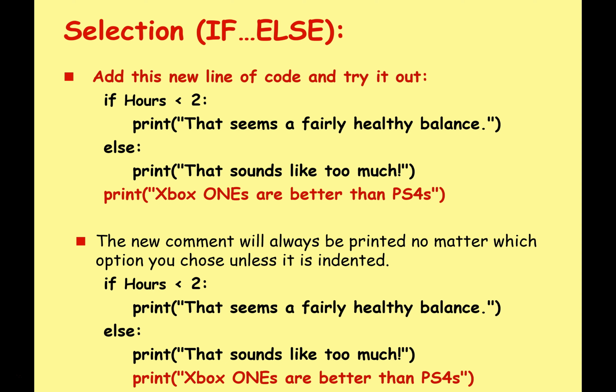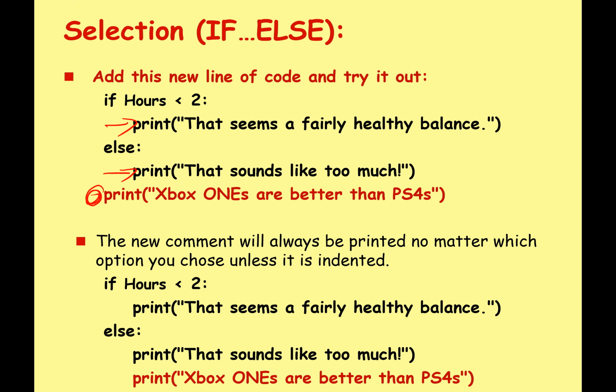All right, let's try changing the code slightly. If you just add this extra line to the bottom and run the code, you'll find that because this is not indented, it will always execute. So the computer will execute either this line or this line, one or the other, and then it will always execute this.